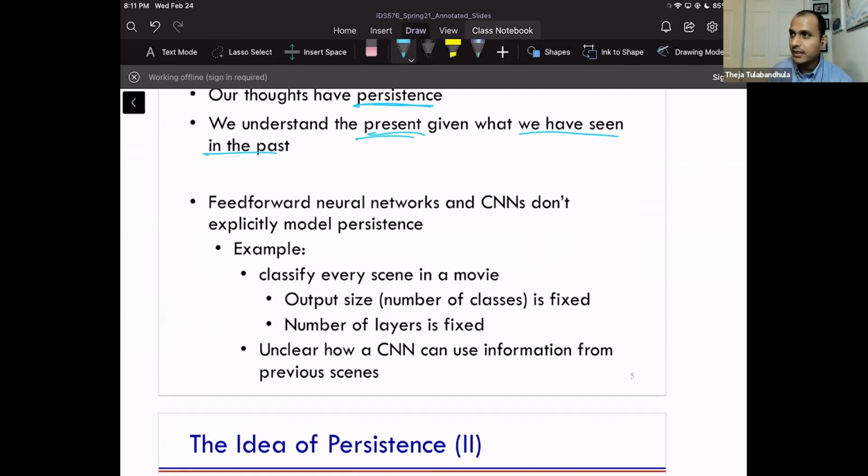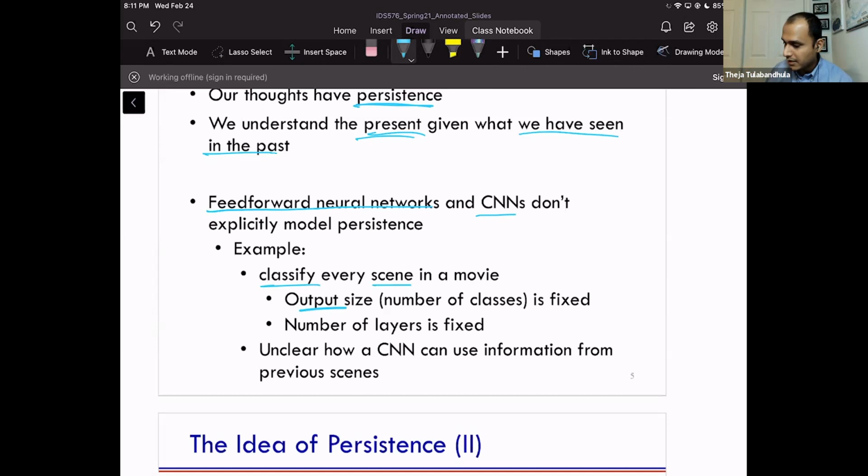If you use the native instantiations of feed-forward neural networks or CNNs, they don't explicitly model persistence. They take an input, they produce an output, one to one. They're not remembering what the previous input was for which they did a classification or some other type of prediction. For example, you can classify every scene, every frame in a movie or in a video.